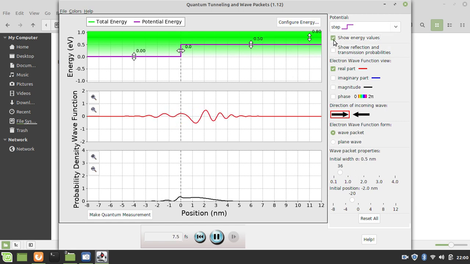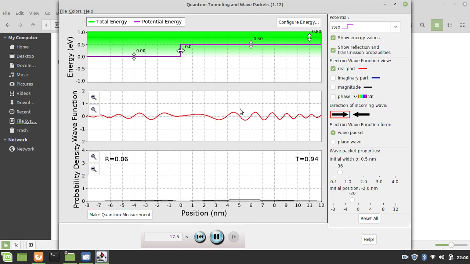Show energy value, show reflection and transmission coefficient. So energy is greater than V. There is a wave function on the left hand side and an oscillatory wave function on the right hand side as well. Reflection coefficient is 0.06. Transmission is high because energy is higher.